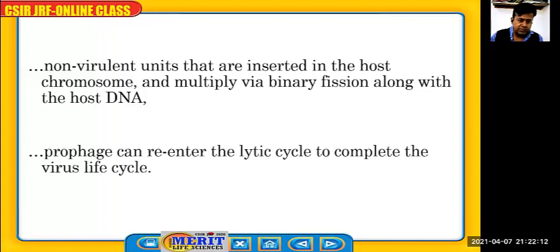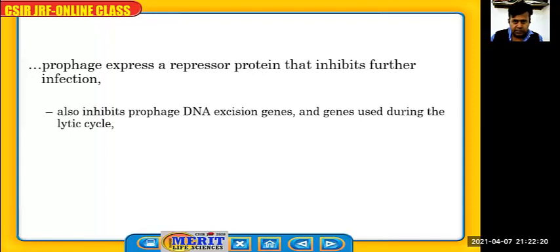The prophage can enter the lytic cycle to complete the virus life cycle, but this induction depends on external signals, for example UV rays or other kinds of induction.